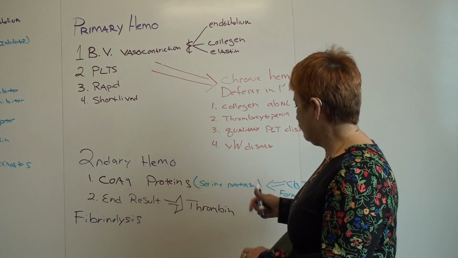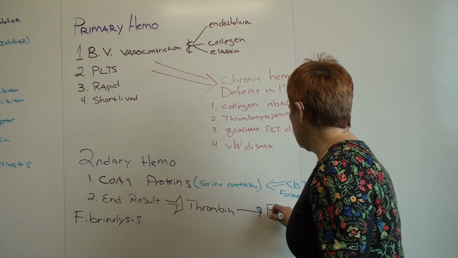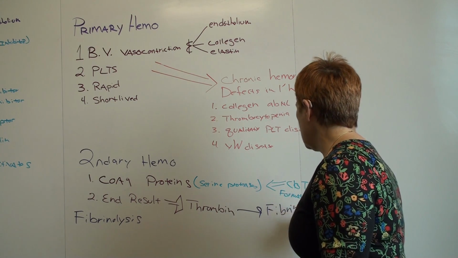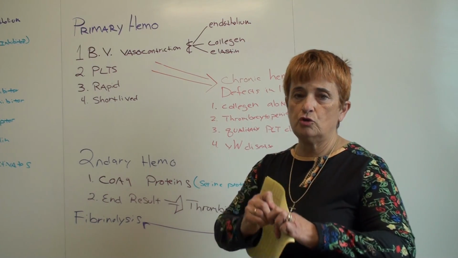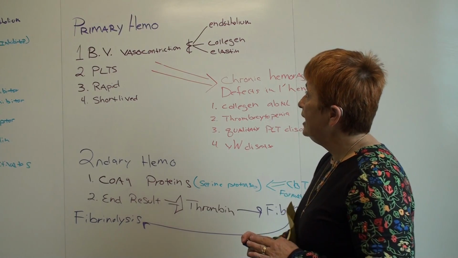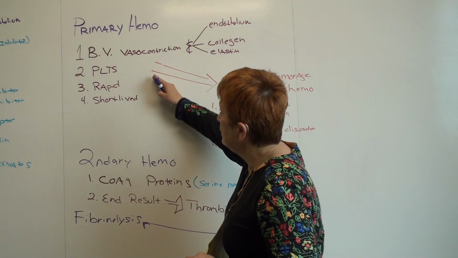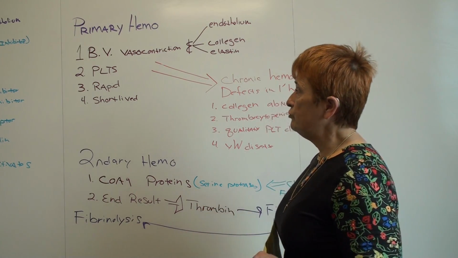And here we go, clot formation. So we're going to have fibrin here, thrombin to fibrin, and then fibrinolysis, we need to remove the clot at the same time. All right, so that is your primary hemostasis and your secondary hemostasis.